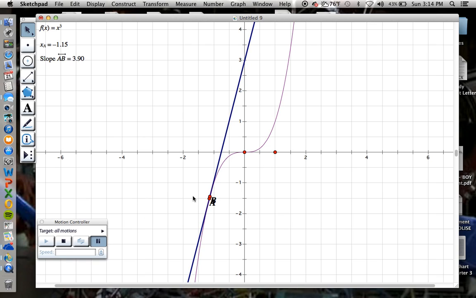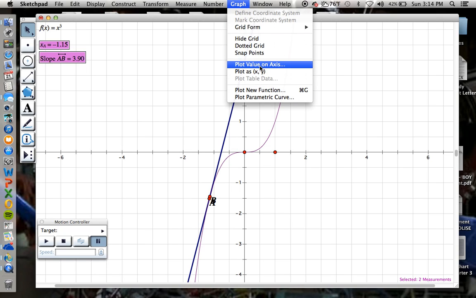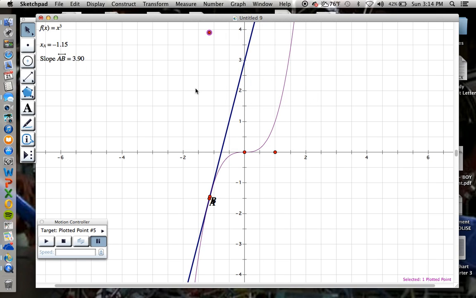All right. So if I take the x value of point A, and the slope of that tangent line, and plot that point on the graph, I get this other point here.